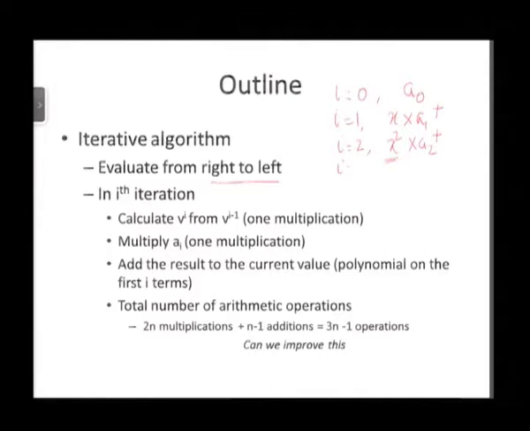And in iteration number 3, you take the value of x square computed in the previous iteration, multiply it by x, you compute x cube, multiply it by a3 and perform an addition. This is what I mean by evaluating from right to left. In other words, you can think of it as the polynomial being evaluated from the element of least degree to the element of highest degree.